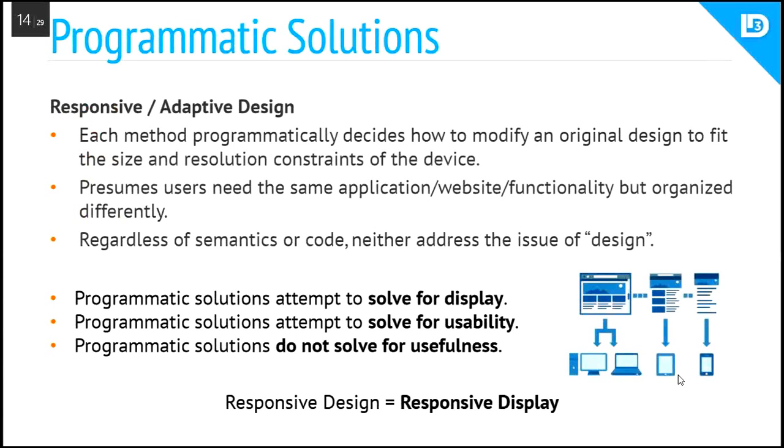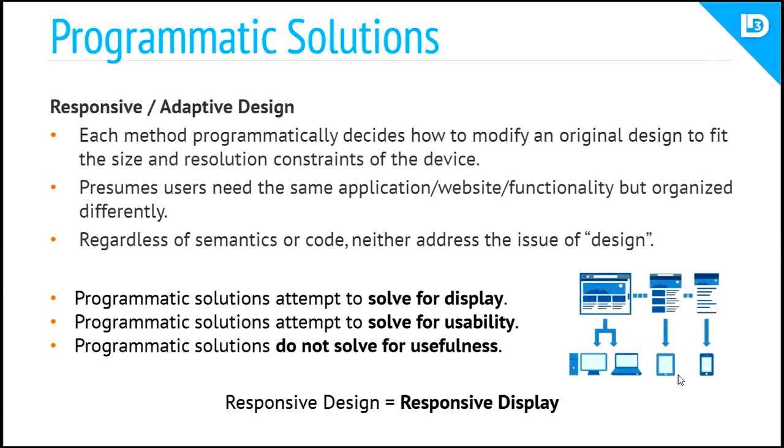Now, what I want to spend a moment here to talk about is how these programmatic solutions address this problem. One thing is clear, right? Each method, whether we're talking about responsive design or adaptive design, it doesn't matter, programmatically decides how to modify an original design to fit a new set of constraints, a new set of size and resolution requirements specific to a device.